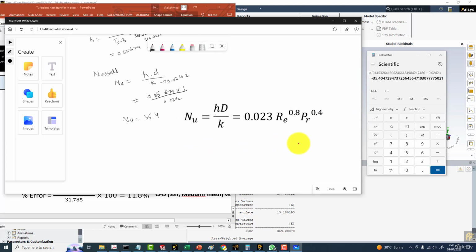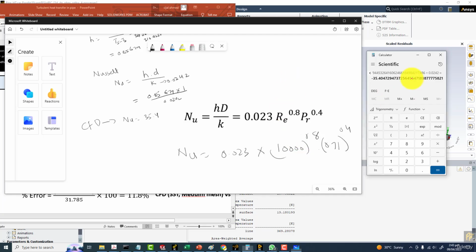So this is the Nusselt number from CFD, and from the correlation, if I find out this value, the Nusselt number will be equal to 0.023 times 10,000 power 0.8, and the Prandtl number value for air is around 0.714, but you can use 0.71 power 0.4.